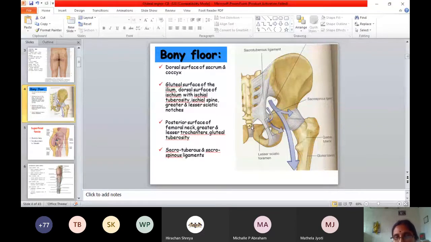Which surface? Dorsal surface. Posterior surface of neck, greater trochanter, lesser trochanter. Which tuberosity is this? Gluteal tuberosity. Which bone is this? Femur. Which bone is this? Hip bone.